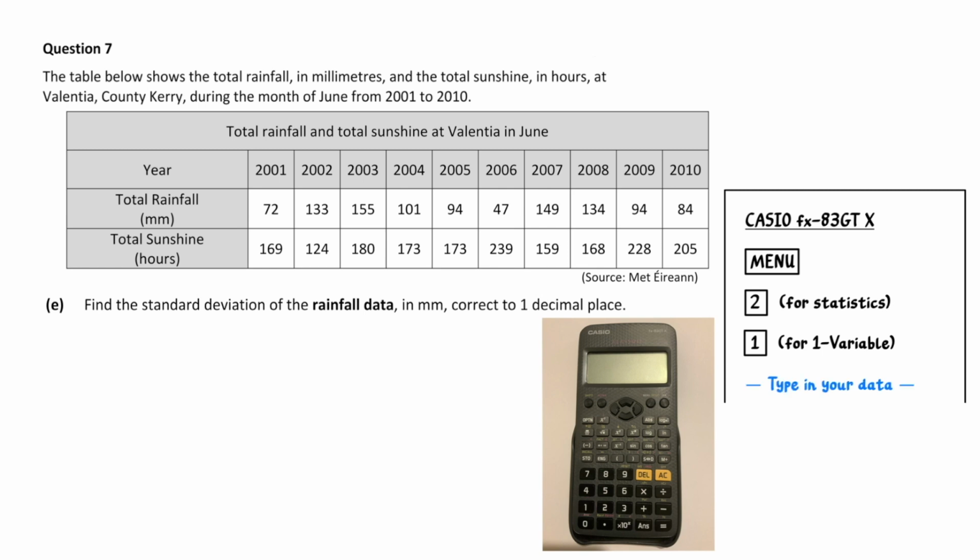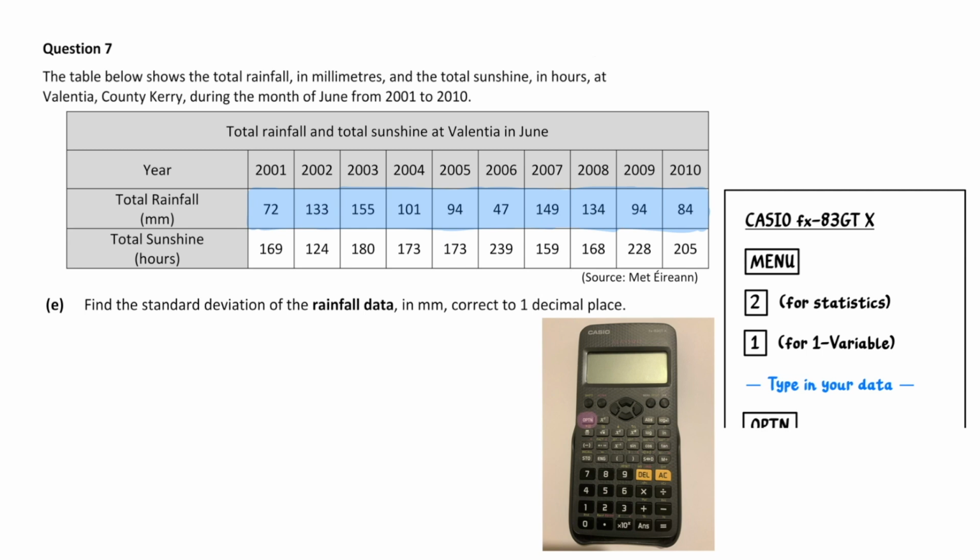From here, we need to type in our data. We want the standard deviation of the rainfall data, so these are the numbers we'll need to type in: 72, 133, 155, 101, and so on.